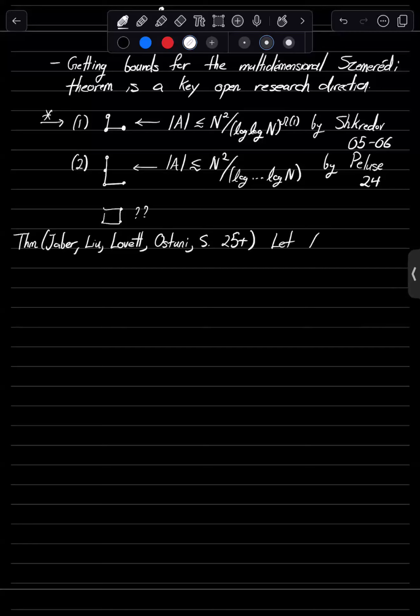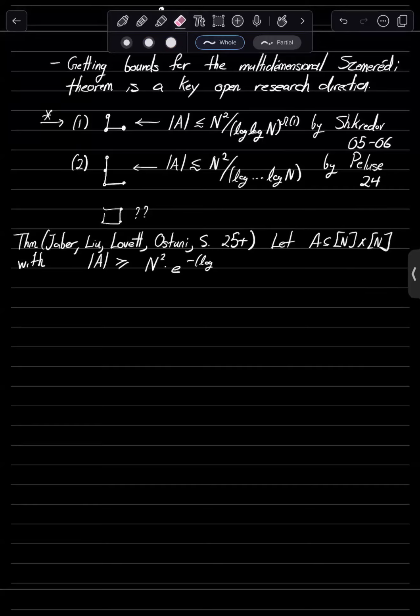Let A be a subset of [n] by [n] with the size of A being bigger than n squared times e to the minus log n to the power 1/600, up to some large absolute constant.